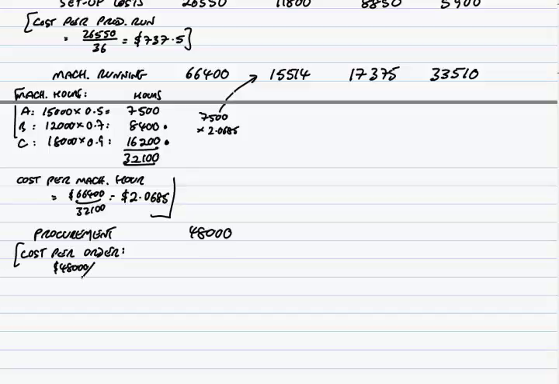How many orders are there? 24 for A, plus 28 for B, plus 42 for C. I get 94. I better check that. 24 plus 28 plus 42. Yes, 94. So the cost for each order, divide, and I get 510.6.